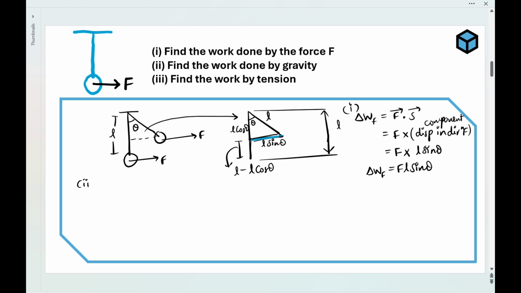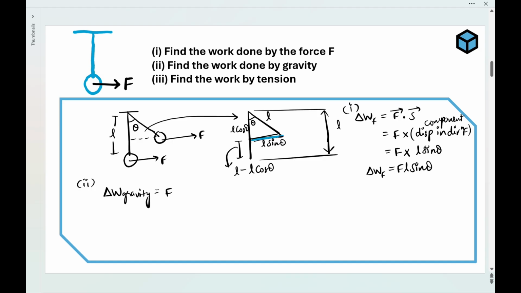Now we will go to the second part of this question. He is asking to find the work done by gravity. So we can write delta W by gravity. Gravity here is also a constant force. It's always directed vertically downwards towards the earth.